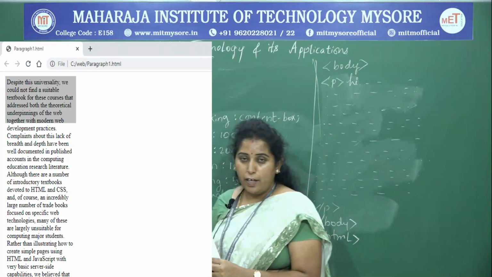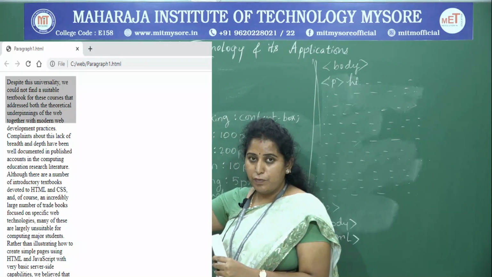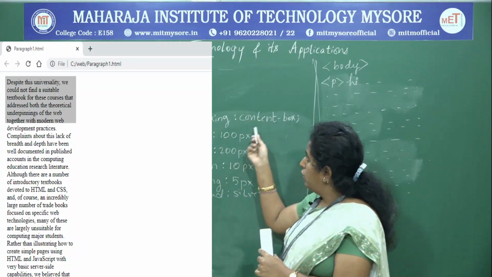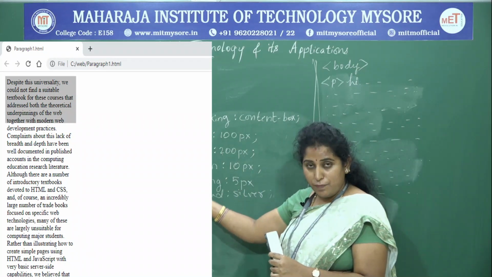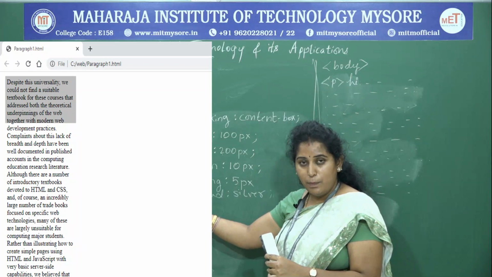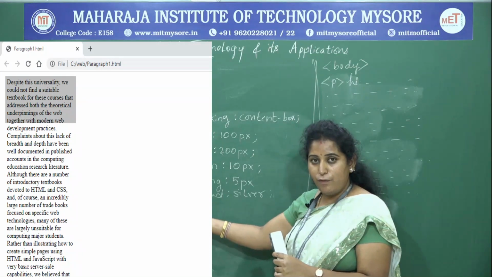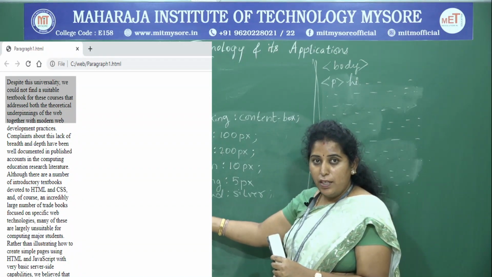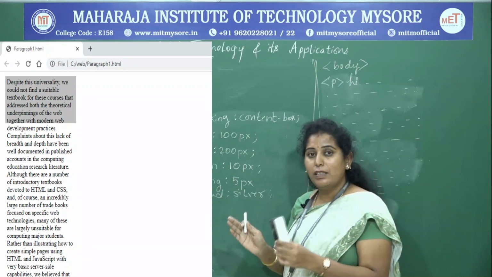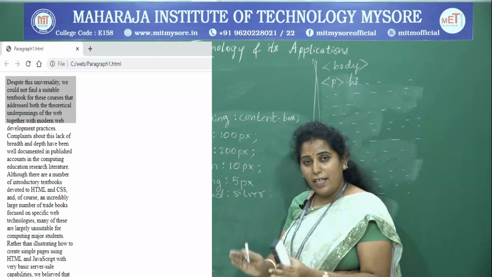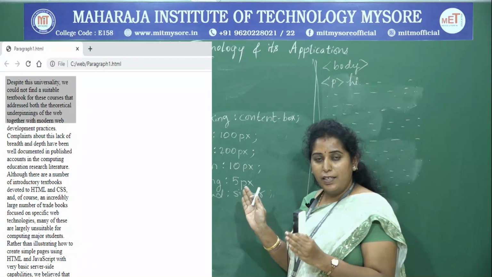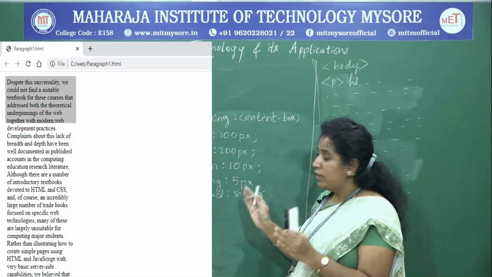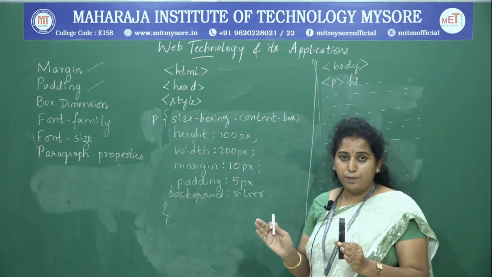See, background color silver is there for the content box, which has a height of 100 pixel, and the text of the paragraph is overflowing. It is restricted to height 100 pixel and width 200 pixel. Getting what I am telling? So this is box dimension.